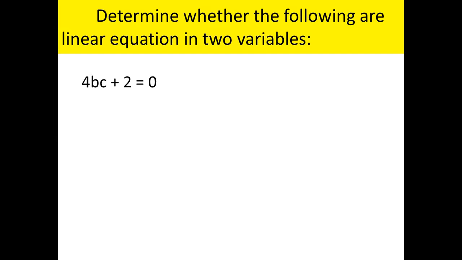Yes or no? Chumpu? Is that yes or no? Chumpu, are you there? Okay, okay. I will go back to you later. What about Sui? Sui, is that a linear equation in two variables? Yes or no?